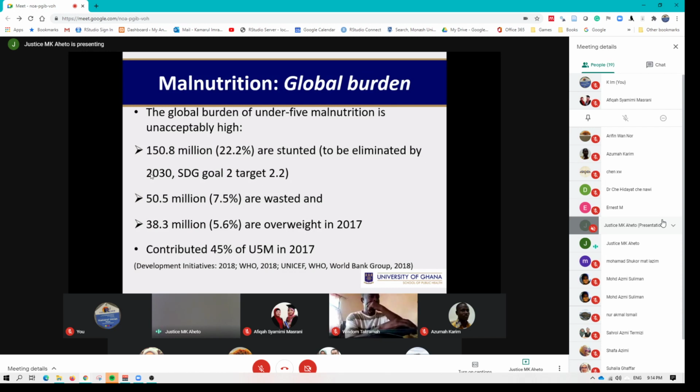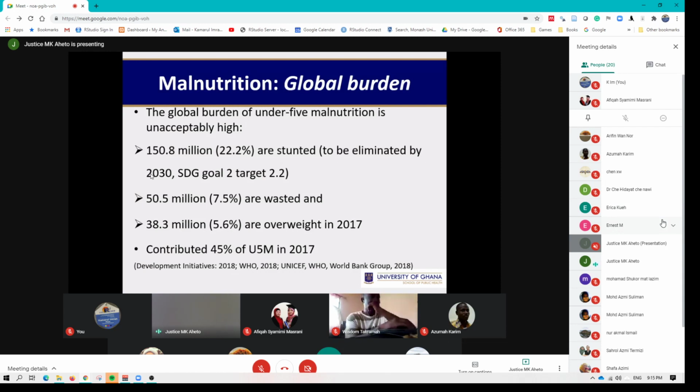So the next one too is wasting. For instance, when we talk about the stunting, this is what we call the long-term malnutrition in children. That means the children are not growing as they're supposed to grow with time. Then we also have the wasting aspect of malnutrition, which is to do with short-term malnutrition among children under 5 years.